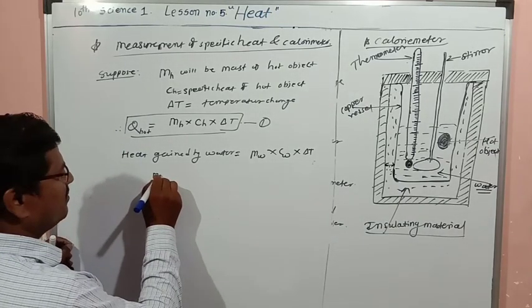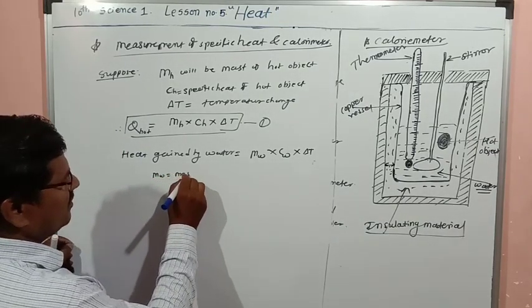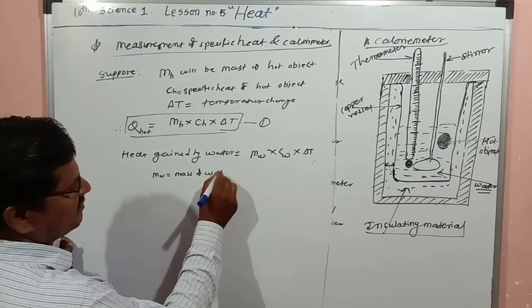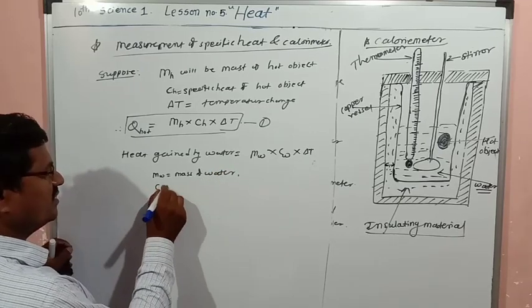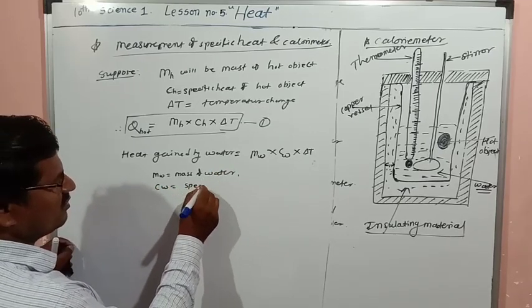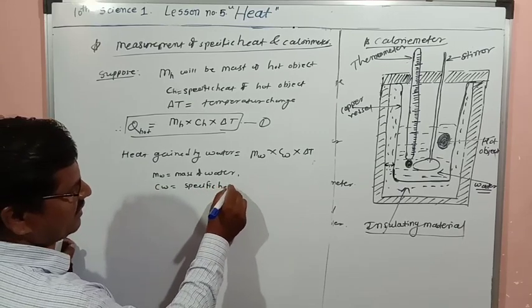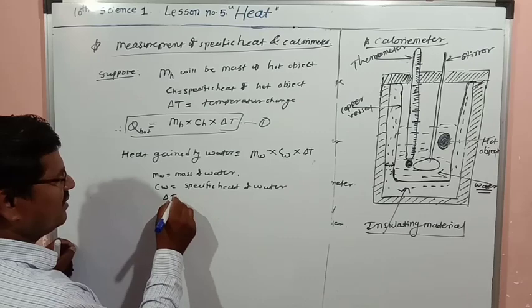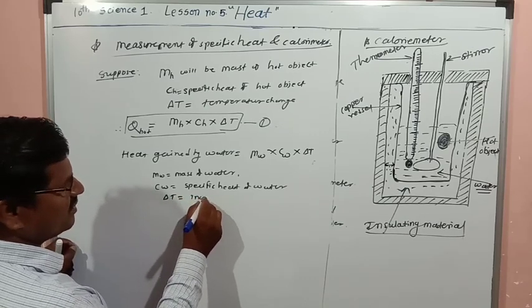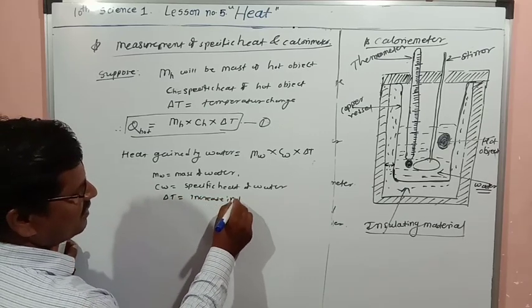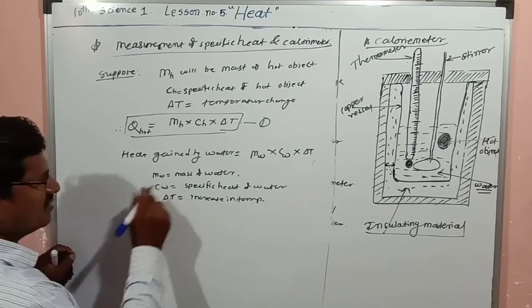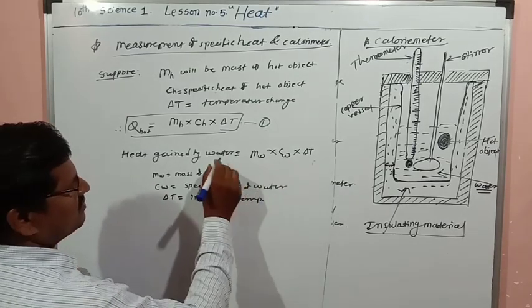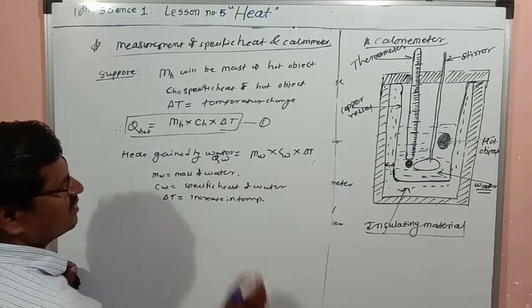So mW is the mass of water, Cw is the specific heat of water, and delta T is the increase in temperature. Suppose this one is Qw.